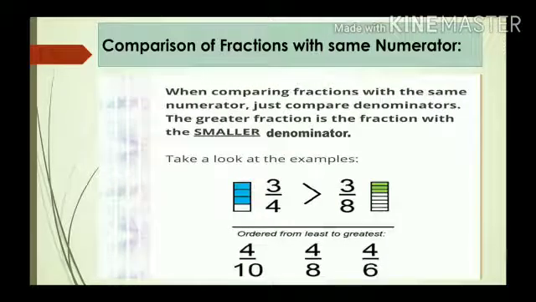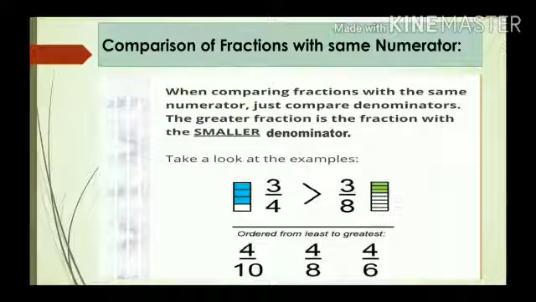Now, comparison of fractions with the same numerator. When you compare fractions with the same numerator, you just have to compare the denominators. The greater fraction is the fraction with the smaller denominator. Here, you have to remember this: for comparing fractions with the same numerator, you have to compare the denominators.